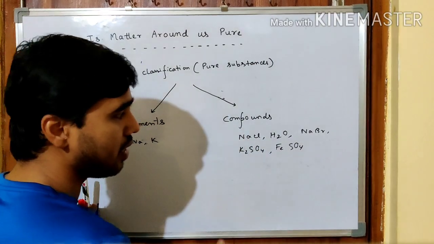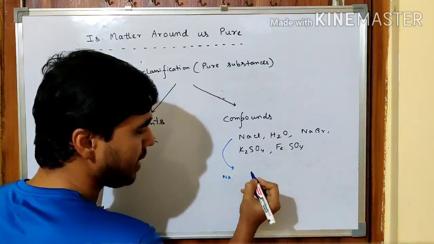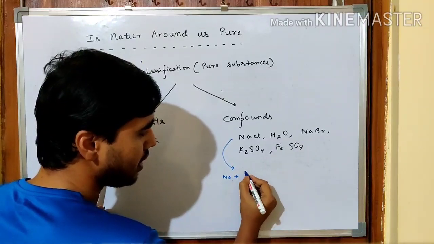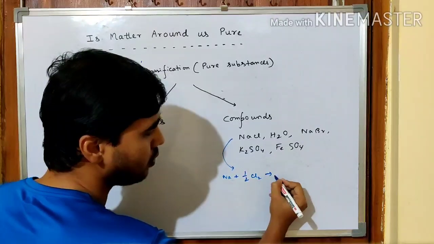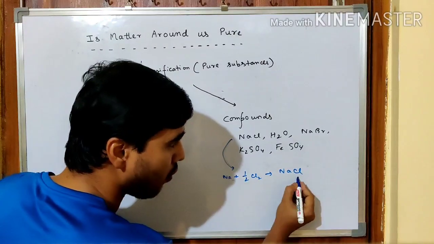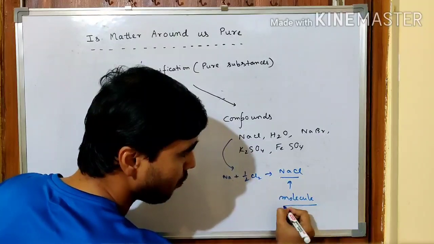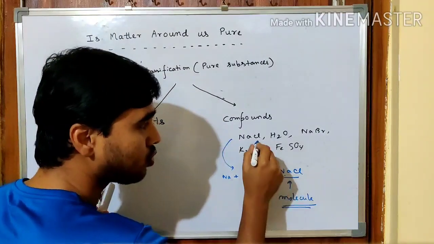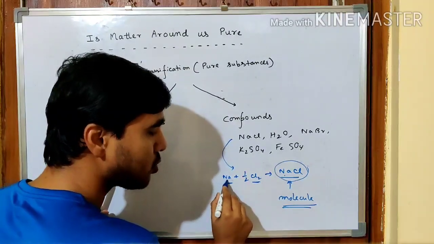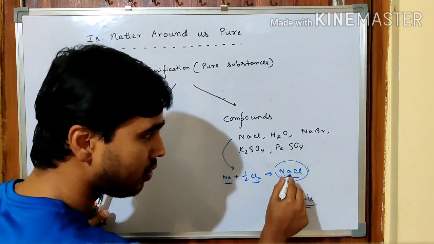But in case of NaCl, Na is present, Cl is also present. That means Na plus half Cl2 gives rise to NaCl, right? But remember, once the molecule is formed, then the chemical composition of sodium and chlorine will not be present in sodium chloride, that we know.